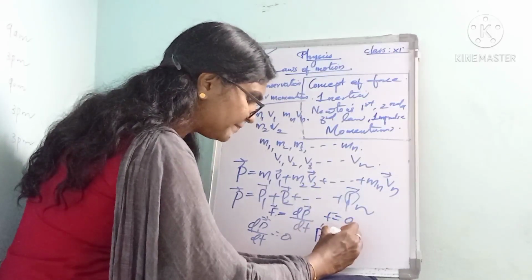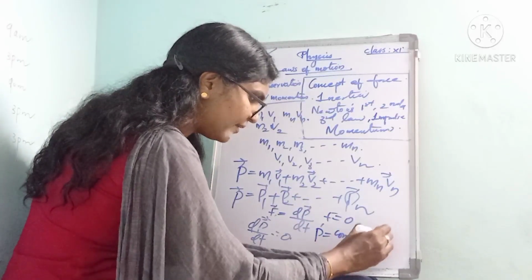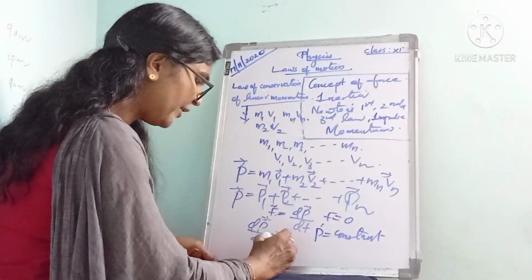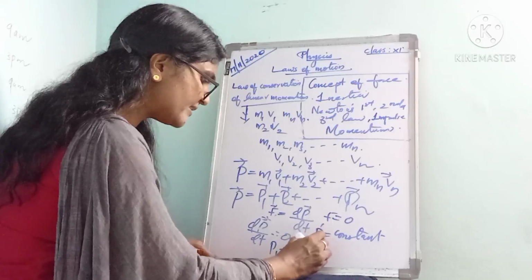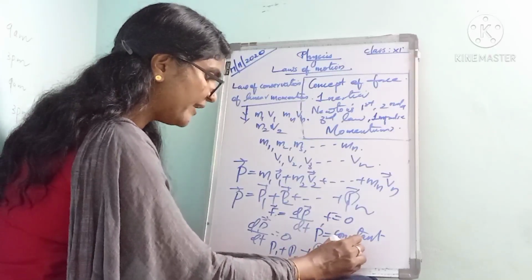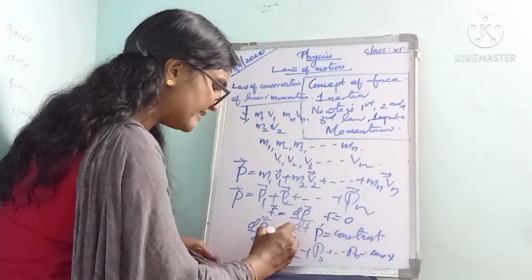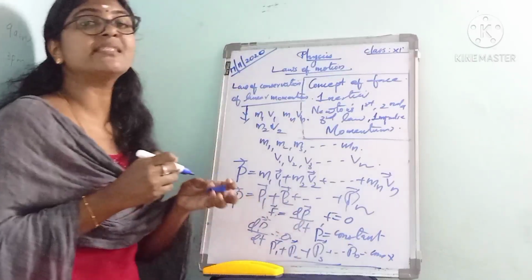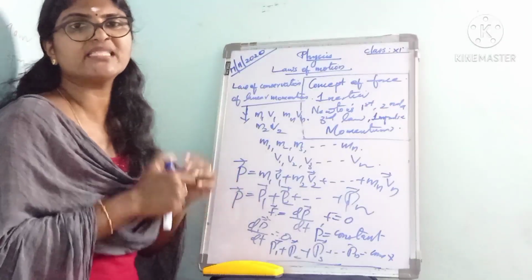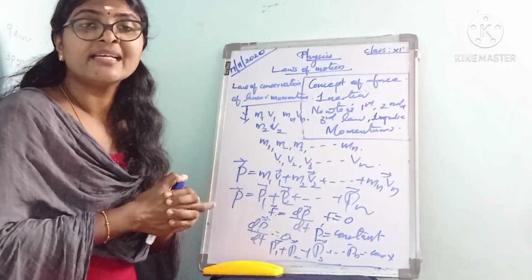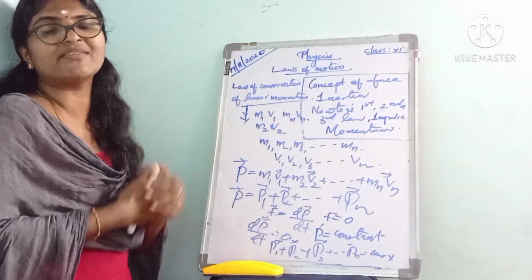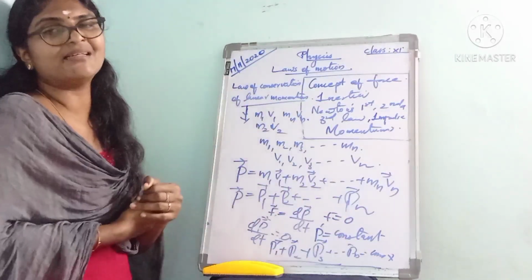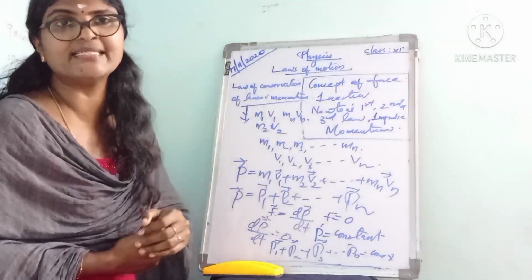So we can write P is equal to a constant, or P1 plus P2 plus P3 plus etc. up to Pn equal to a constant. This is the law of conservation of linear momentum. That is, when no external force acts on a system of several interacting particles, the total linear momentum is always conserved or remains constant.